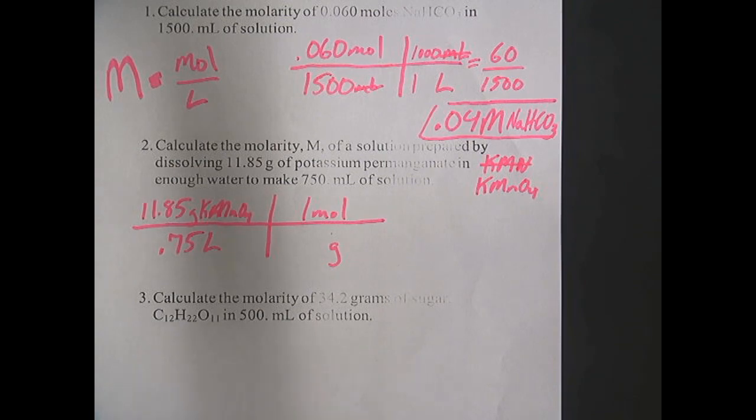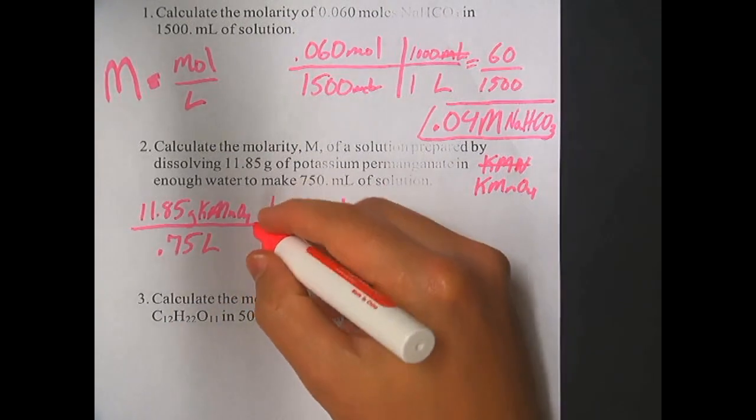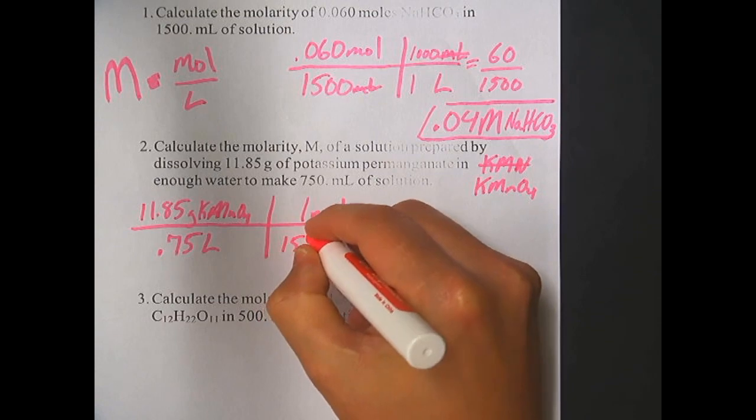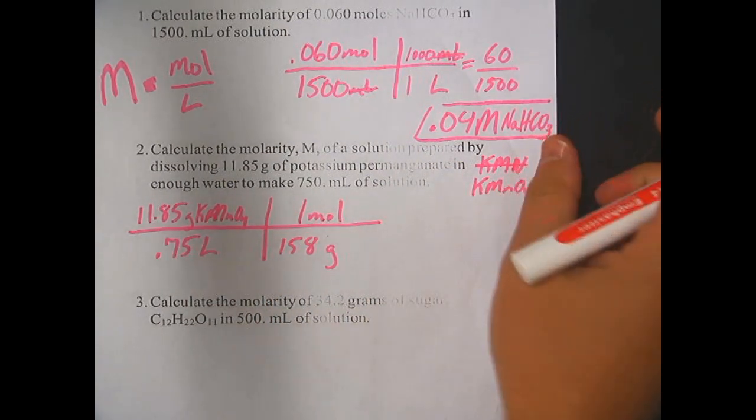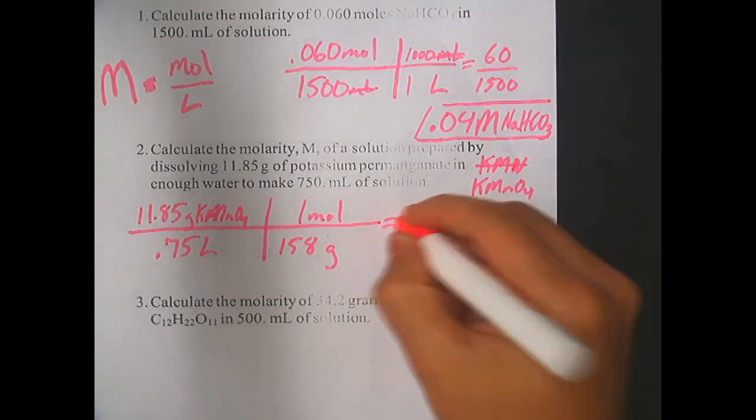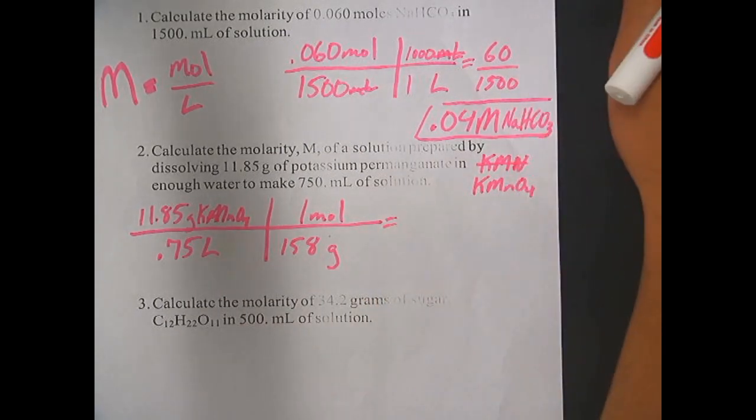So 55 for manganese plus 39 for potassium plus 16 times 4 for oxygen. 16 times 4, 64. So I get 158 grams per mole. And I'm rounding pretty significantly here. You probably don't want to round quite this much, but it'll be fine for a practice problem.